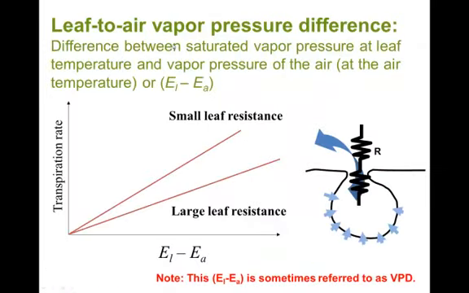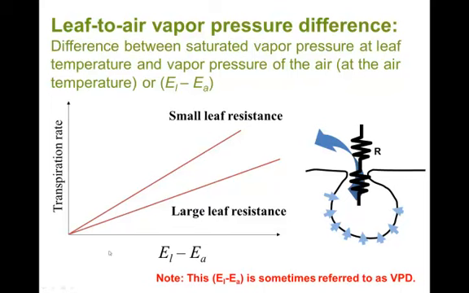So the transpiration rate is directly proportional to the difference between those vapor concentrations. The leaf to air vapor pressure difference is sometimes used. Again, this is the difference between saturated vapor pressure at leaf temperature and vapor pressure of the air, EL minus EA. If you look at a particular leaf, EL minus EA determines the transpiration rate of the leaf.